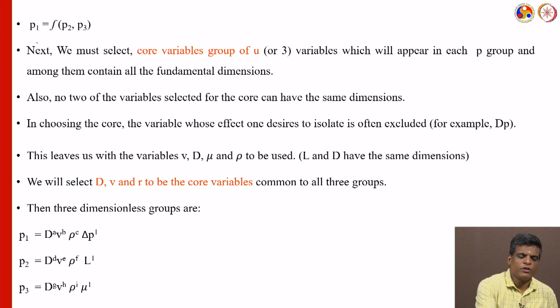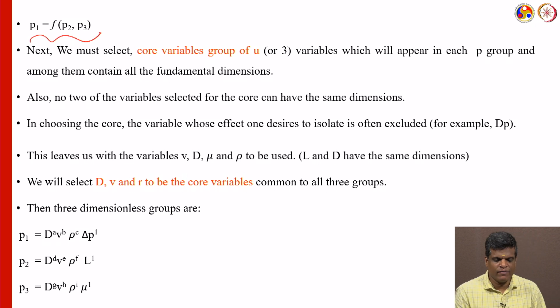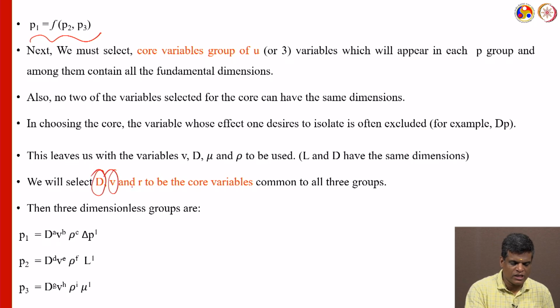So pi 1 equals a function of pi 2 and pi 3. Of course, then we have to fix the core variables. The core variables are the diameter d, the velocity v, and the density rho. We have to take all three.